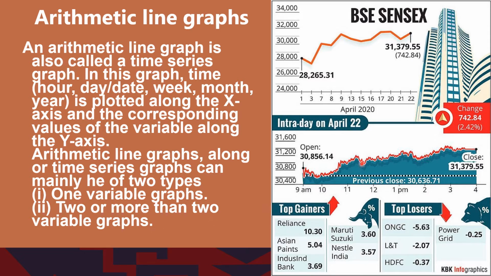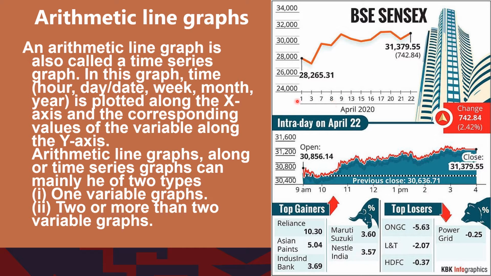Now you can see here in the illustration, you can plot so many variables. For example, in the stock exchange market, you have the Sensex, the index numbers of the share prices of 50 stocks registered with the Bombay Stock Exchange.